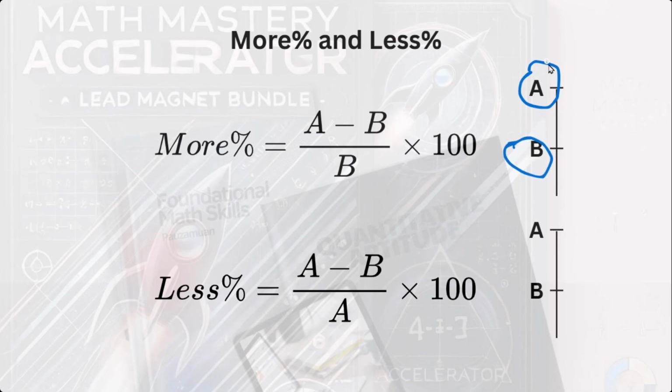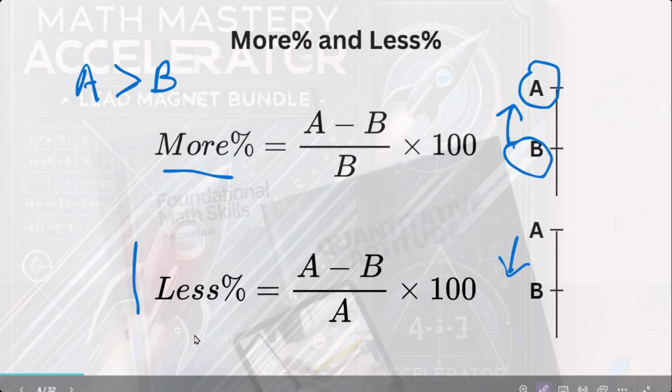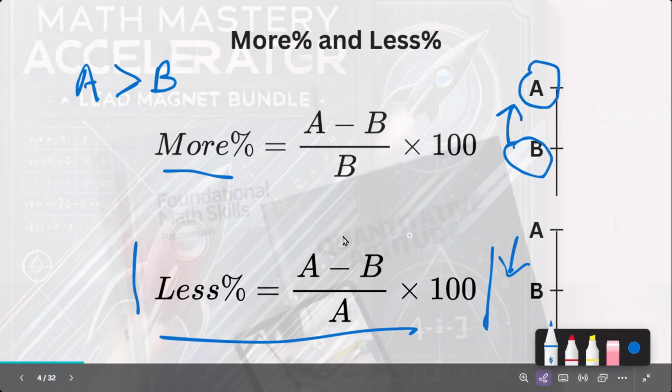Now we are comparing A and B. Here, A is greater than B. More person means the difference between the two numbers, A minus B, divided by the smaller number, into 100. Less person is A minus B divided by A, into 100. Learn by this formula. These are the two formulas we have to use.